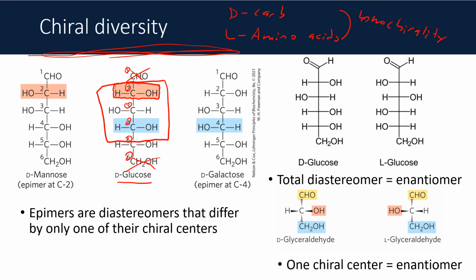And to do that, we're going to take the hydroxyl on the right and swap it with the hydrogen on the left. And what happens when we do that? We're going to get a completely different sugar molecule. And the name for that is mannose. It looks just like D-glucose, but D-mannose is going to have the hydroxyl on the left.